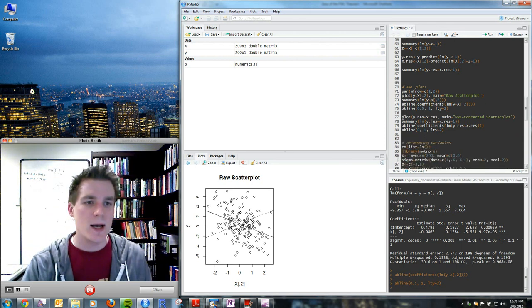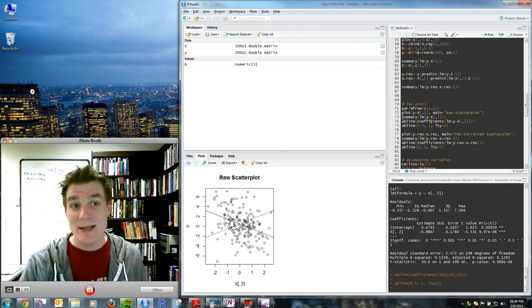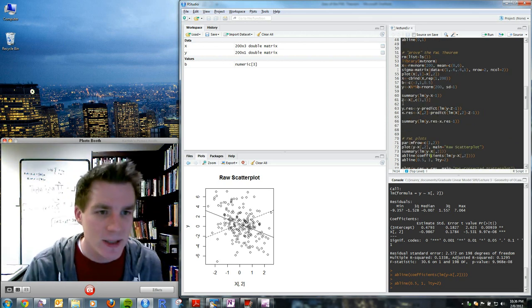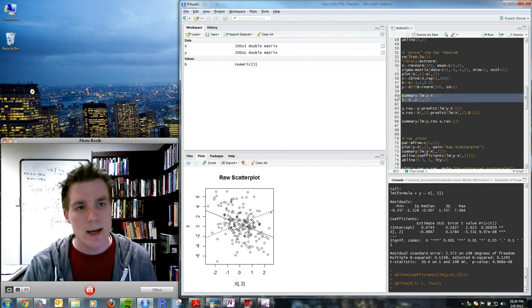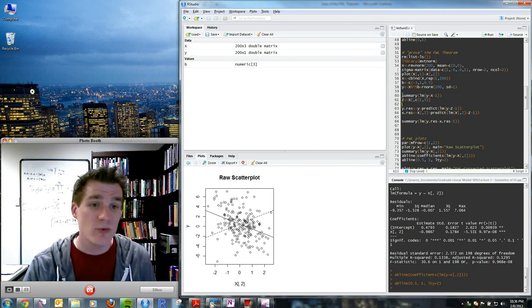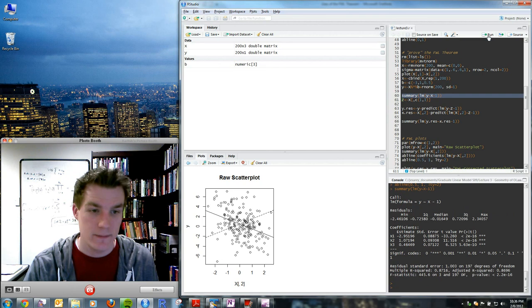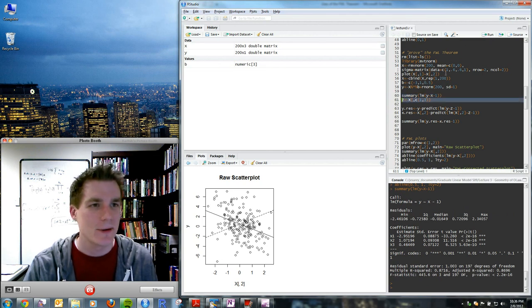We can create an FWL corrected scatter plot. So what I'm going to do is run a regression of y on x without the constant. Oh, I'm sorry, take it back, already did that.